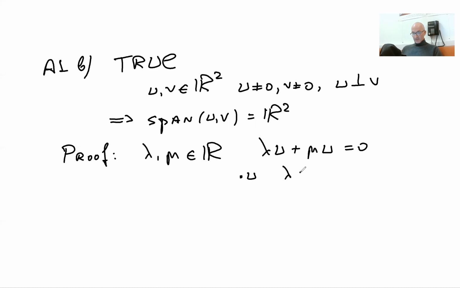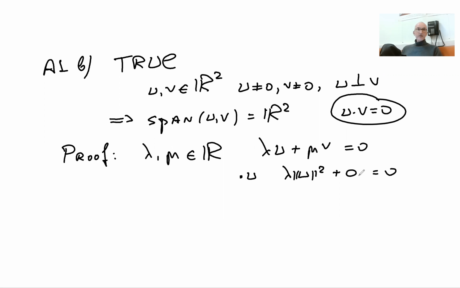You get lambda u squared plus 0, because u dot v is 0 by assumption. Since vector u is not 0, its length is not 0, so we deduce that lambda is 0.